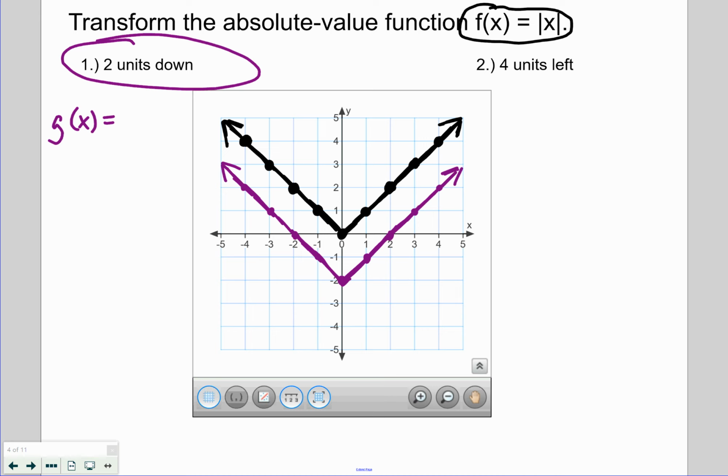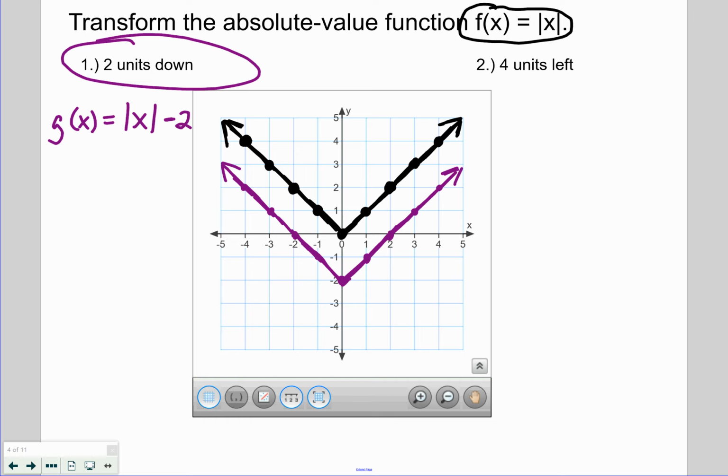So watch how it works when you write it. It's the absolute value of x minus 2. Do you see where that minus 2 is happening? It's happening after the absolute value. So any number that's written after the absolute value, plus or minus, is going to be your up or down movement. That's your vertical movement.